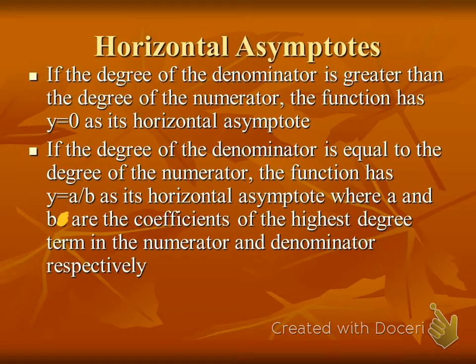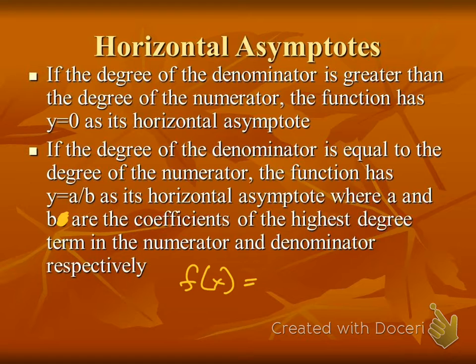So if the degrees of the numerator and denominator are the same, they're growing at the same rate, so we're not going to 0. The numerator and denominator aren't going to win out over each other. They basically have the same characteristics regardless. So let's look at an example.